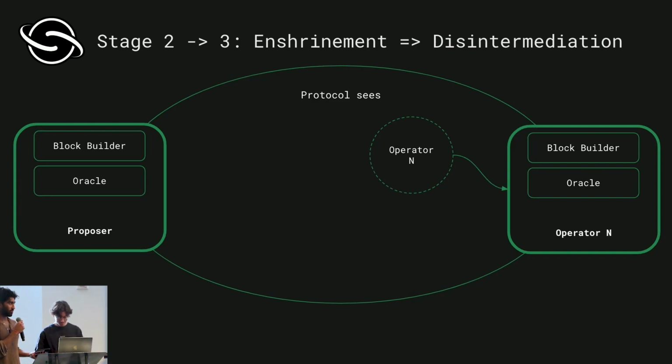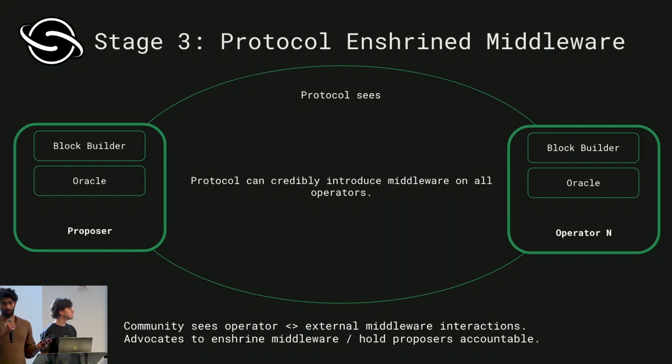So this begs the question of how we actually remove these intermediaries and make these decentralized applications sovereign. The way that we're proposing that this happens is via protocol enshrined middleware. A mental model for this is Slinky.